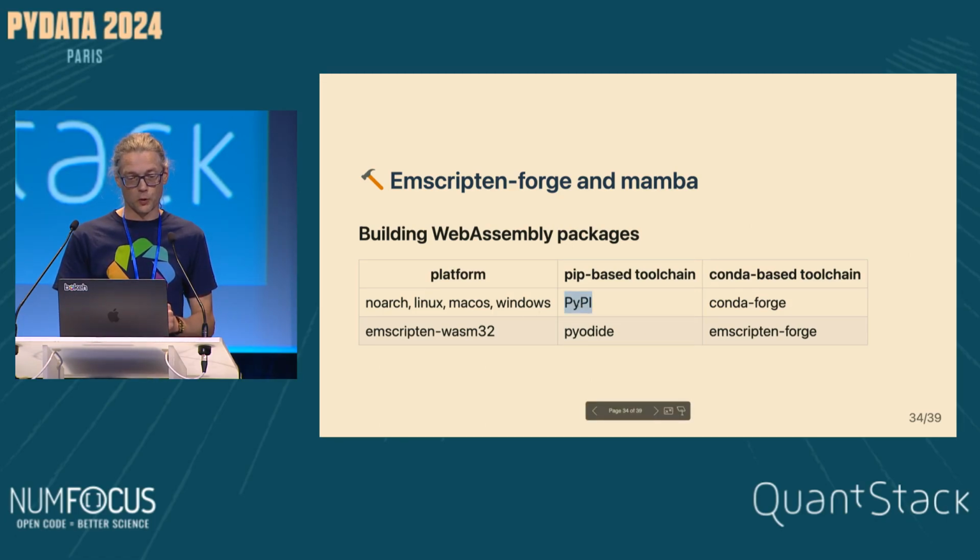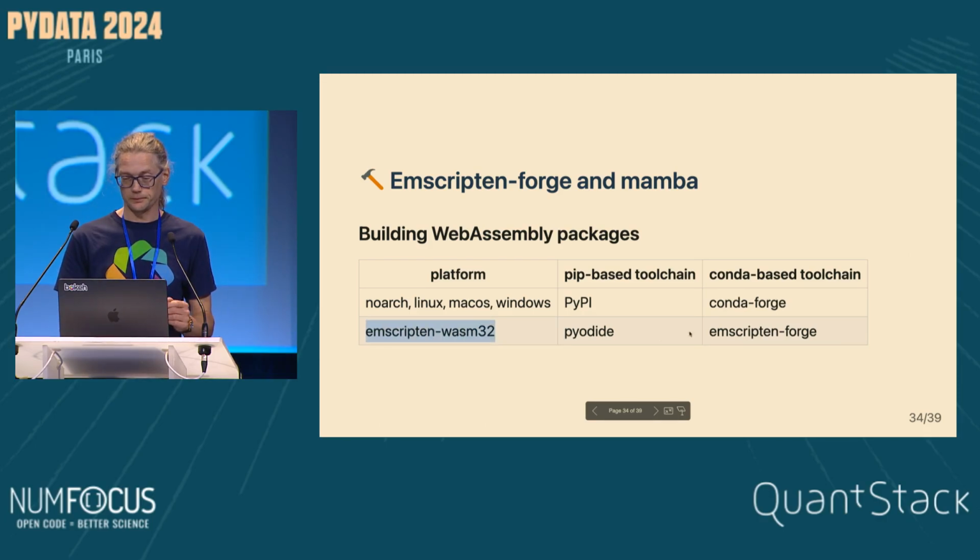PyPI does not support the emscripten-wasm32 platform, so PyData has its own dedicated build system and serving of those packages. Similarly, conda-forge does not understand the emscripten-wasm32 platform, so Emscripten-forge is really a smaller version of conda-forge just for WebAssembly.